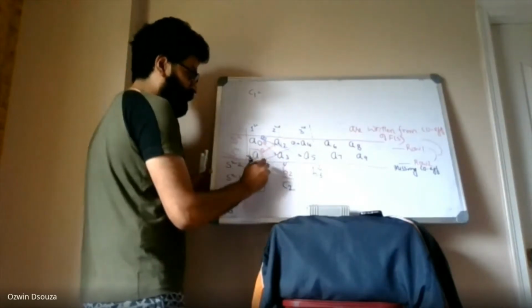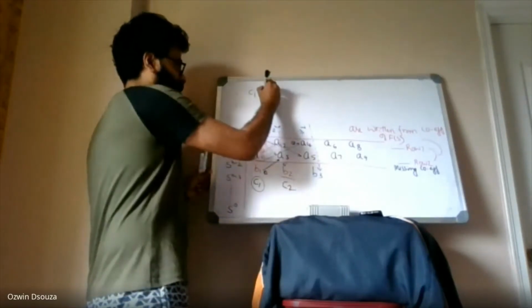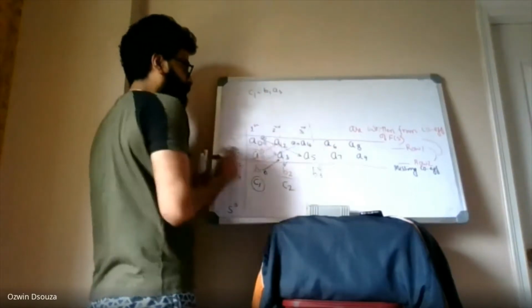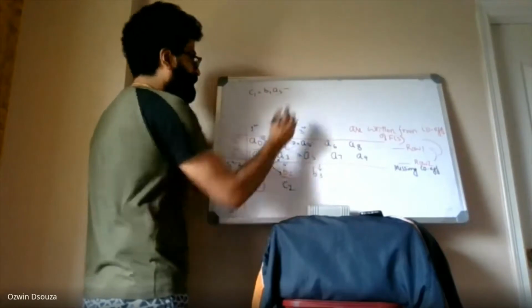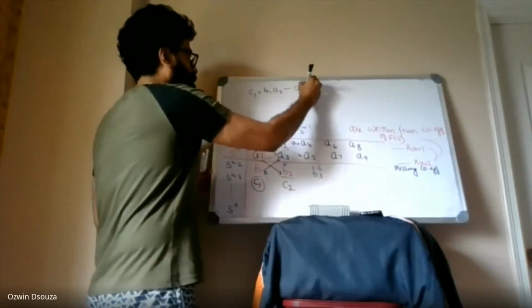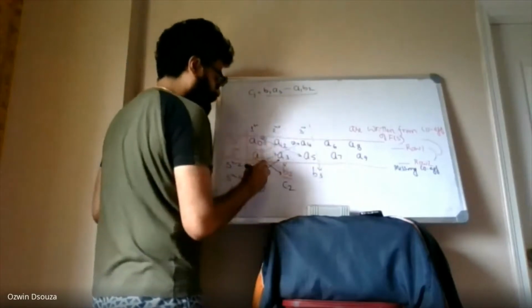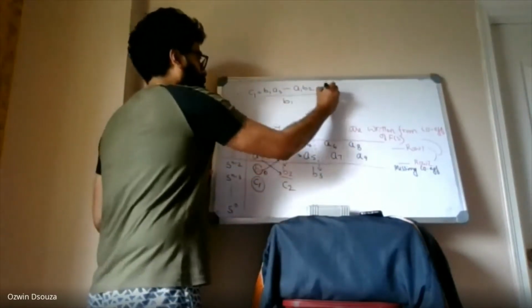So B1 into A3, this is your first multiplication priority, that is B1 into A3 minus A1 into B2, divided by B1.